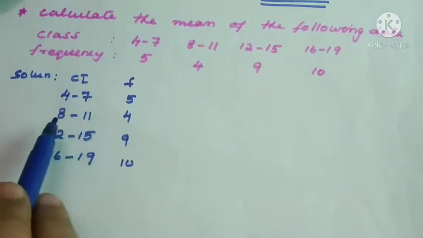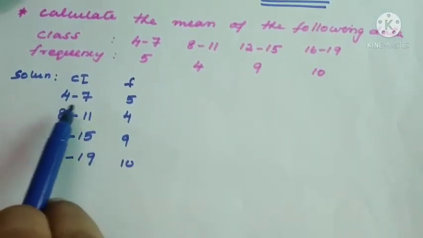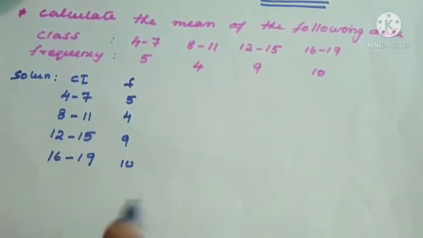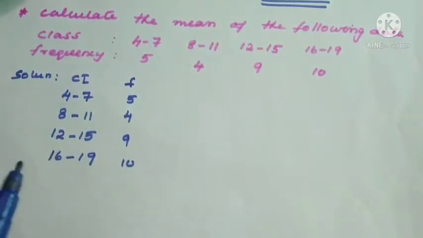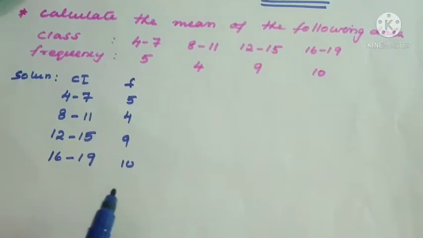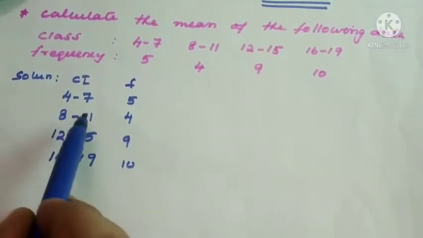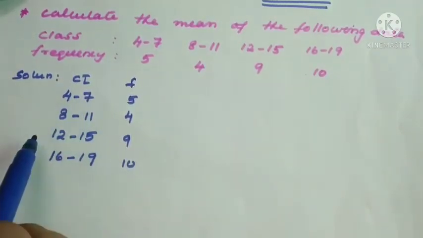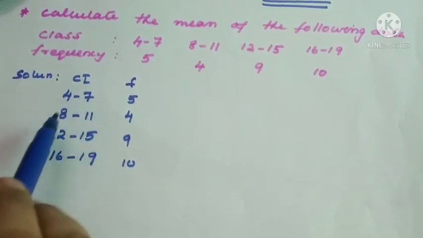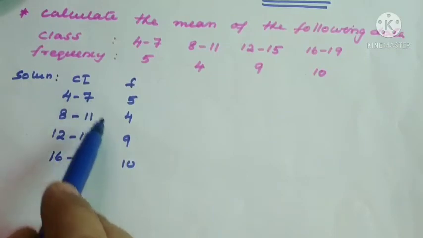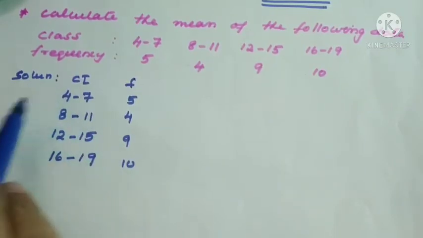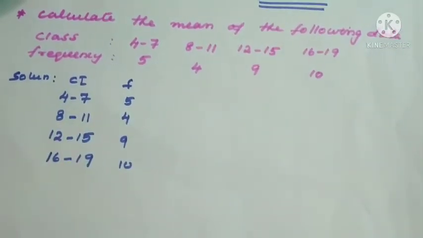I already explained these are called the inclusive type of class interval, that means both the lower limit and upper limit are included. Here we have to convert into exclusive, so we should take the difference of 7 and 8. It is 1. 1 divided by 2, that is 0.5. So 0.5 should be added to each upper limit and 0.5 subtracted from each lower limit.